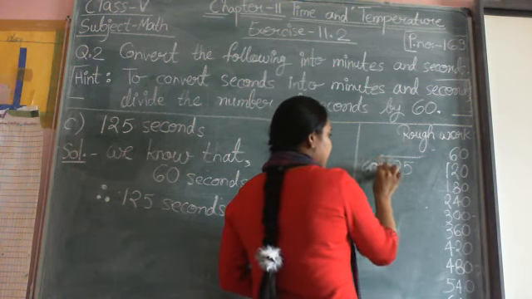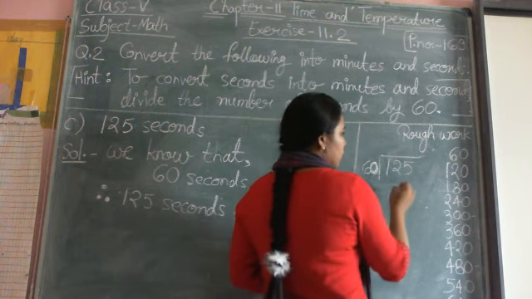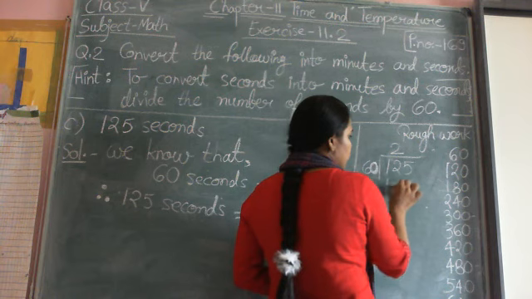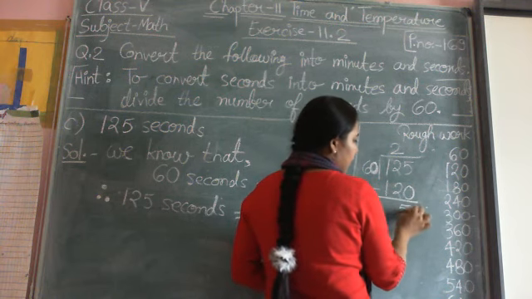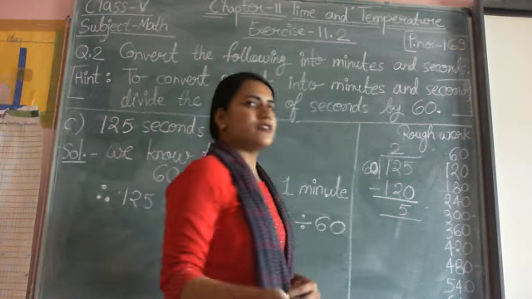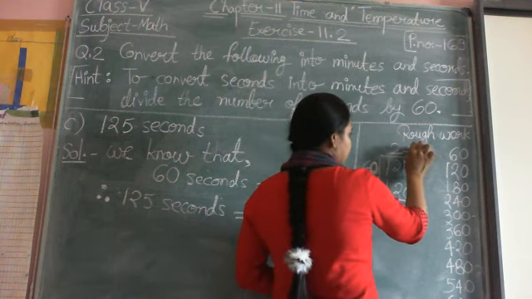Divide it. So in 2 times we can divide this. 6 twos are 120, 125 minus 120, 5 will be remainder. 5 is smaller than 60, so we cannot further divide it. So 5 will be our remainder.